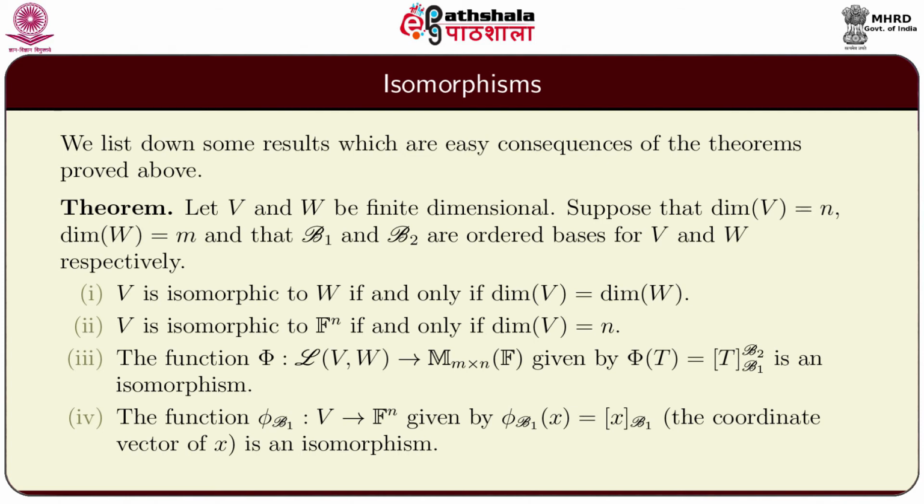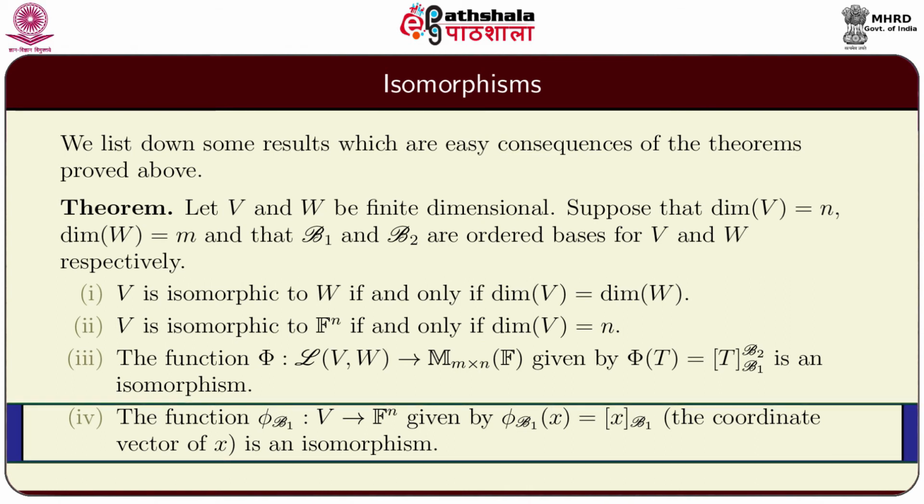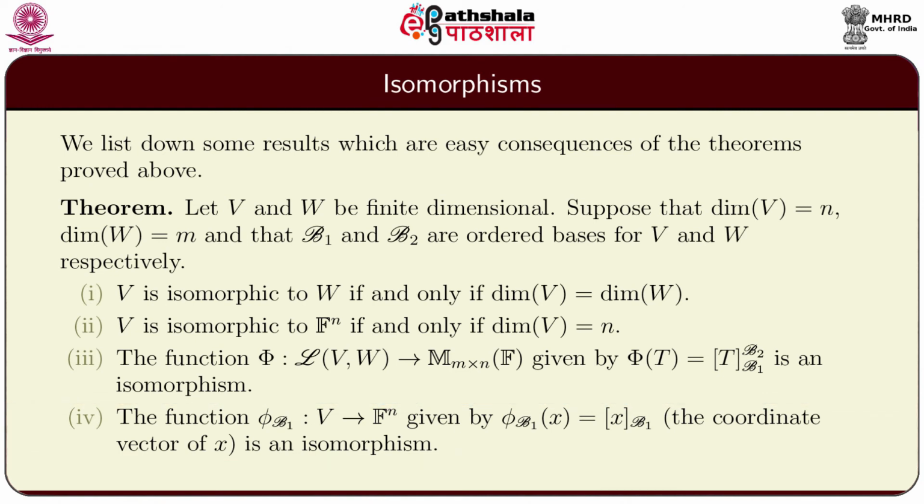The fact is that this map phi is an isomorphism. The function phi B1 from V to F to the power n given by phi B1 of x is equal to the coordinate vector of x with respect to the ordered basis B1, and this function is an isomorphism.